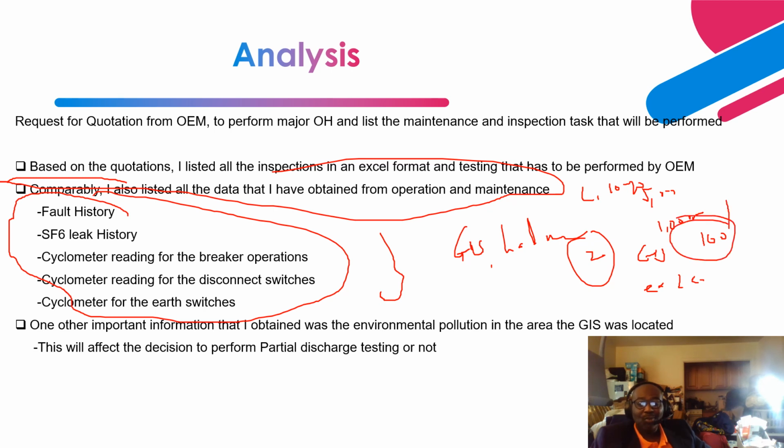So compare 100 to 5,000, right? And the earthing switches were even lower than that. So I'm way below the OEM requirement. I have a 100 cyclometer reading, and the OEM is telling me that after 5,000 cyclometer readings for the circuit breaker, the disconnect switches and the fast earthing switches, about 1,000, I'm supposed to perform a major overhaul, right?